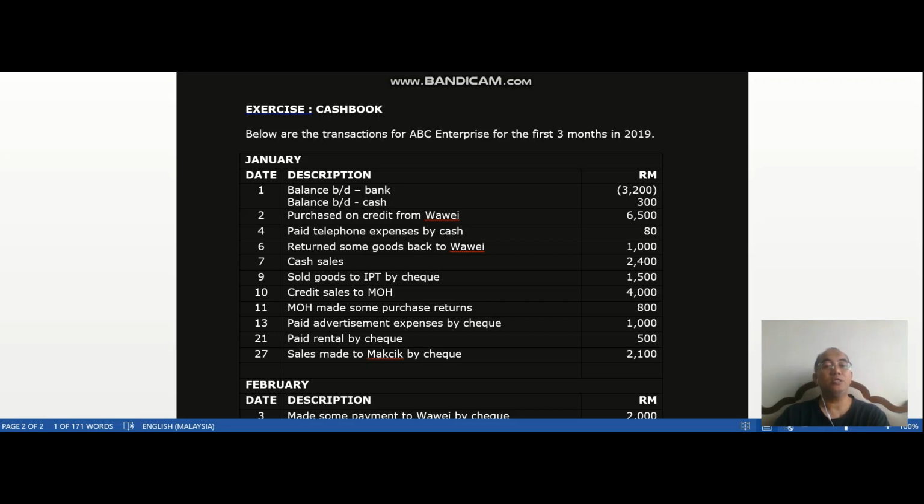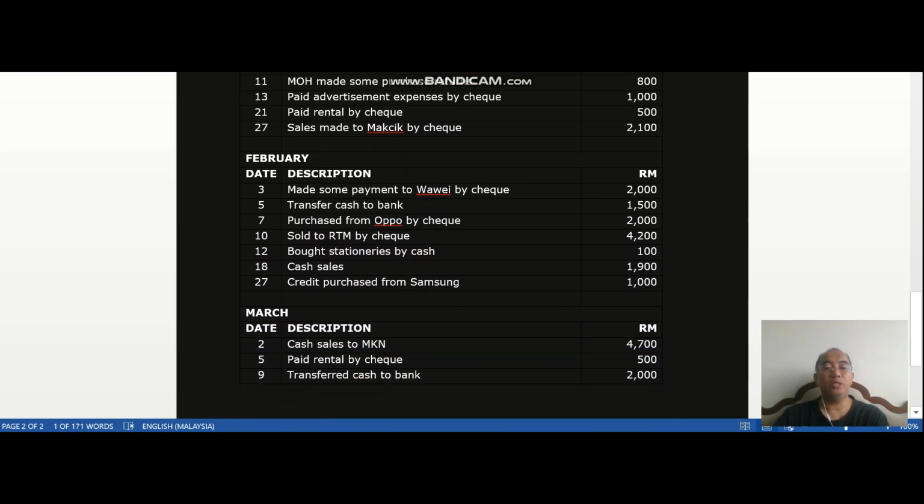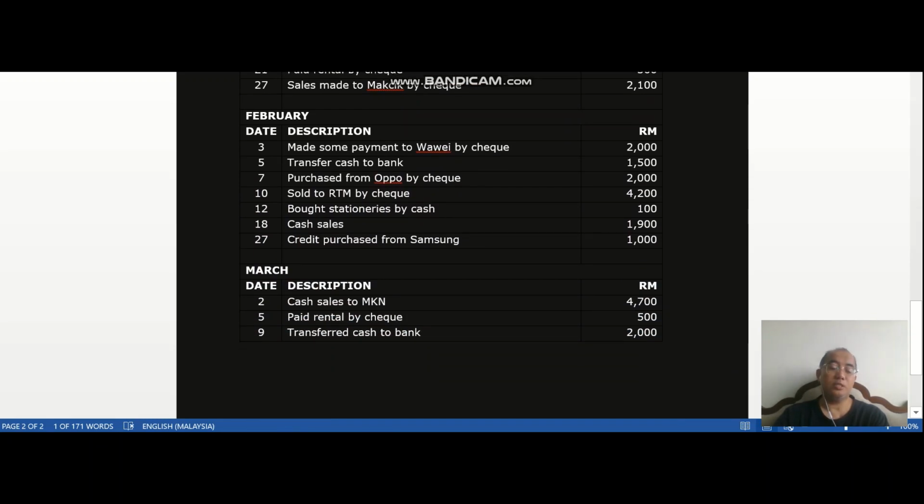This question shows a cash book consisting of 3 months, that is January, February and March. This is quite a simple question because you should expect a lot tougher question during your exam. So that's why you need to do lots of exercises and practices.